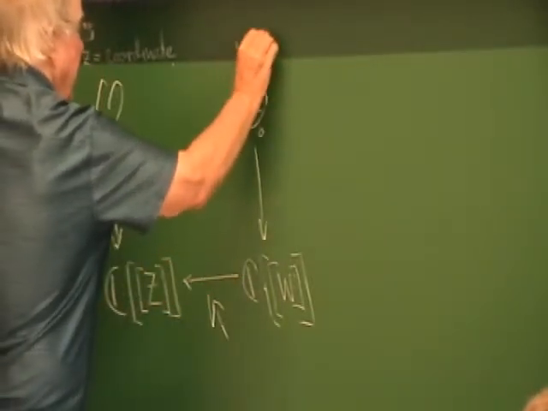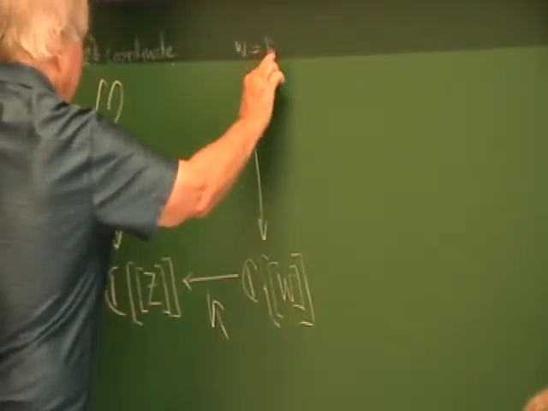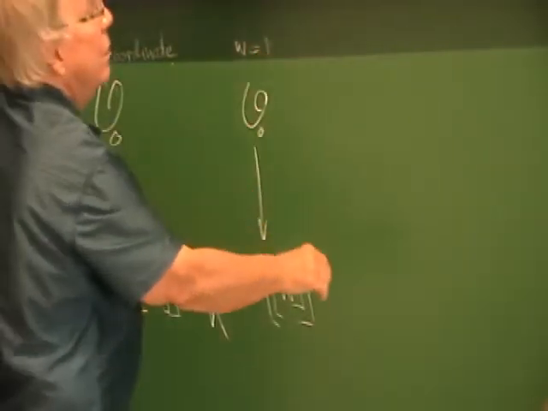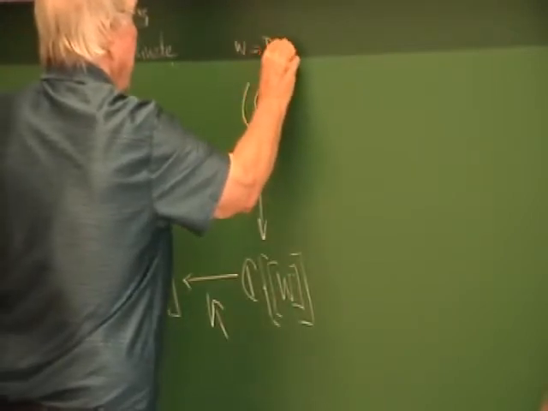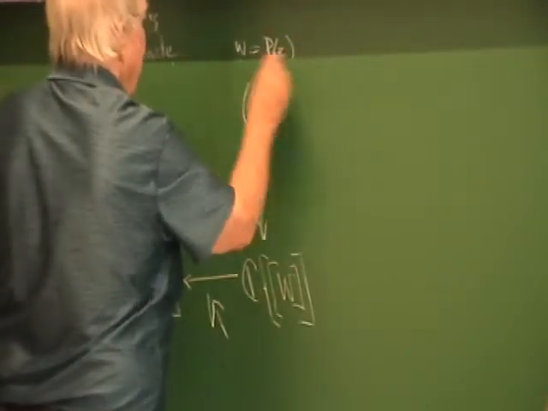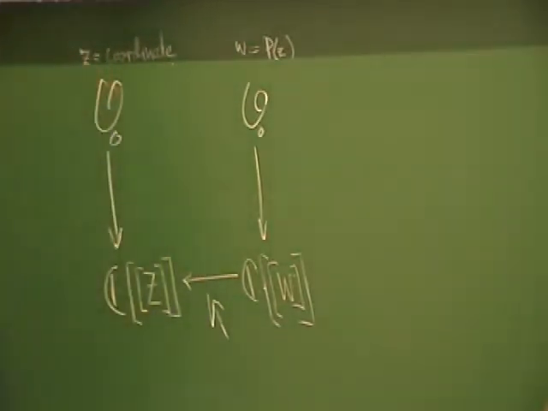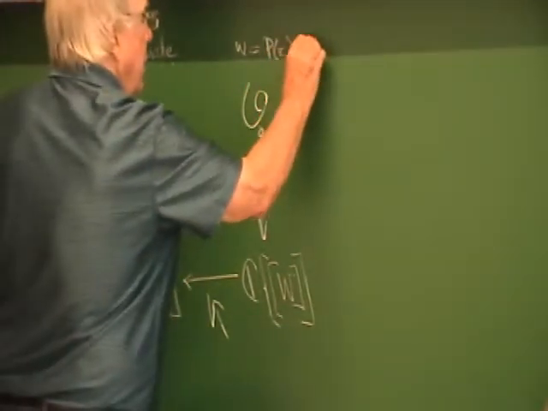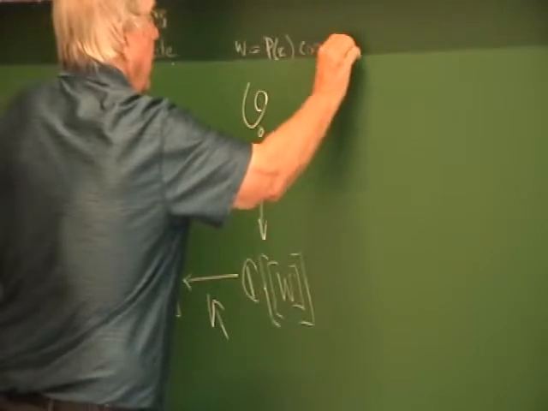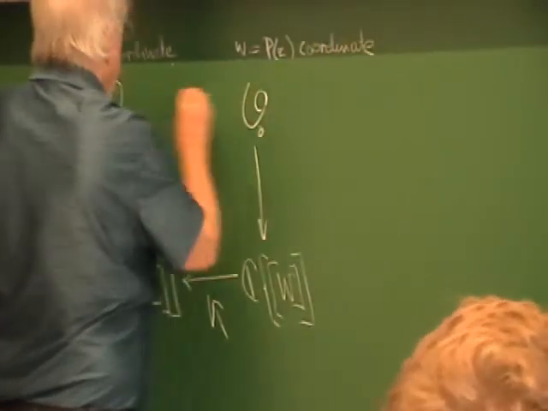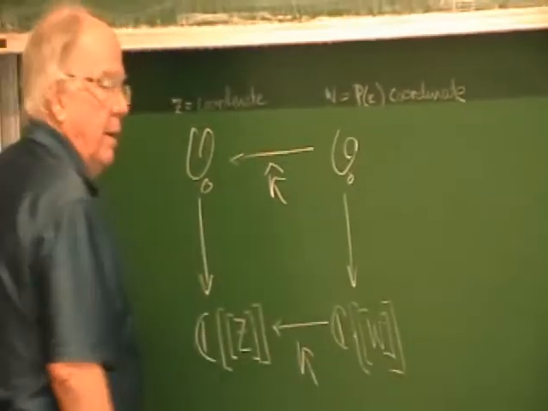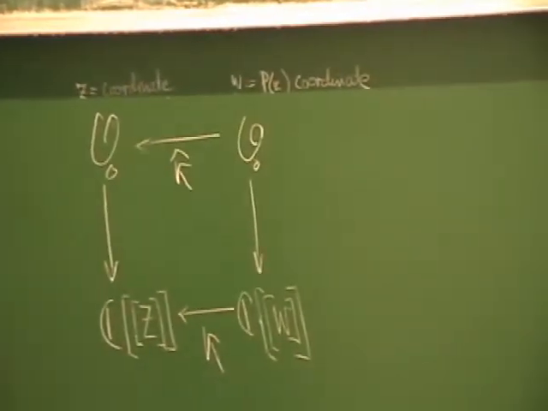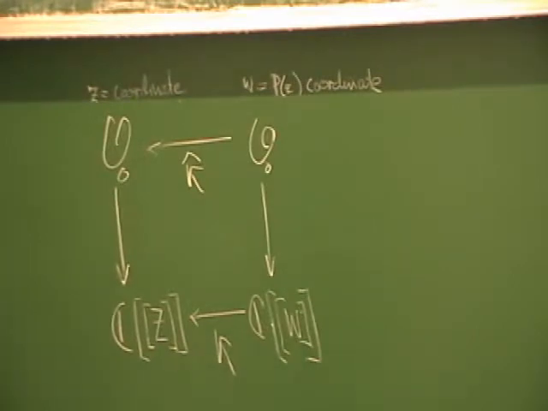W equals, what do I call it? P of Z? Yeah, P of Z. I guess I call it P of Z. Is the function. Is a coordinate. And this is the induced mapping, maybe I call it K1 hat, and it's also obviously an isomorphism. Get it?